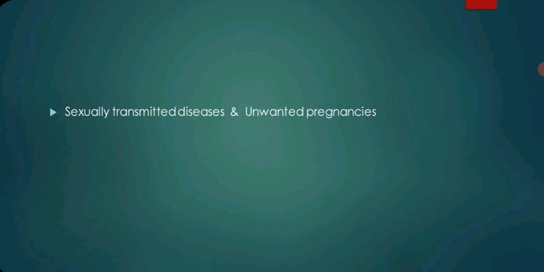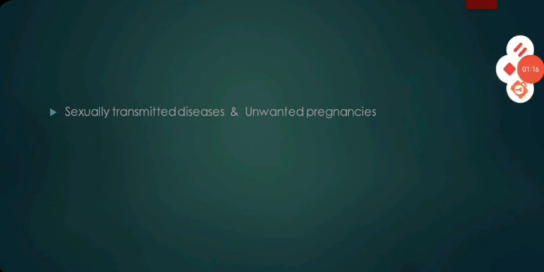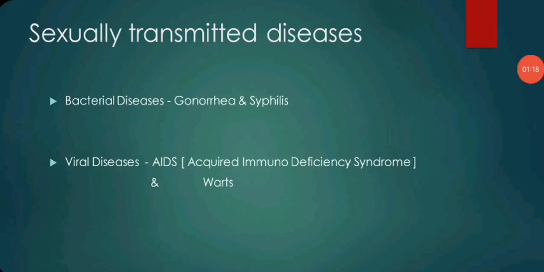So we will talk about them one by one. First of all, we'll talk about the sexually transmitted diseases. Sexually transmitted diseases are those diseases which are transferred from one person to another person during sexual intercourse, and they are of various types. Here you can see the two types of sexually transmitted diseases, bacterial diseases and viral diseases.